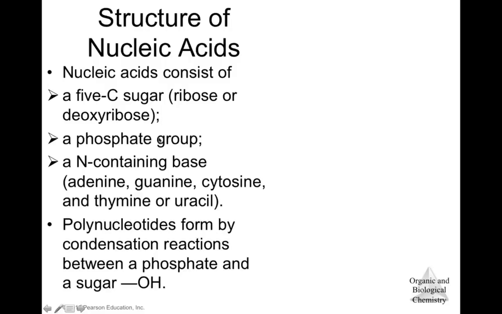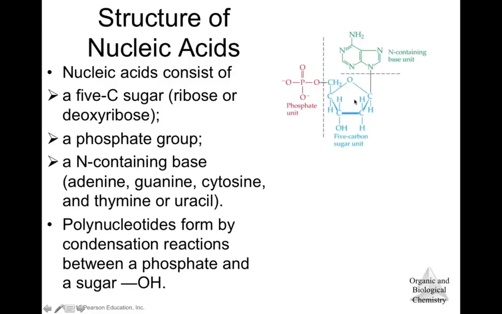Okay, so we have here a phosphate group. Here we have an example of one complete nucleotide. We have the 5-carbon sugar. Also, we have the phosphate group here, and we have the nitrogen-containing base unit. And basically the combination between them creates this phosphate bond between those nucleotides.